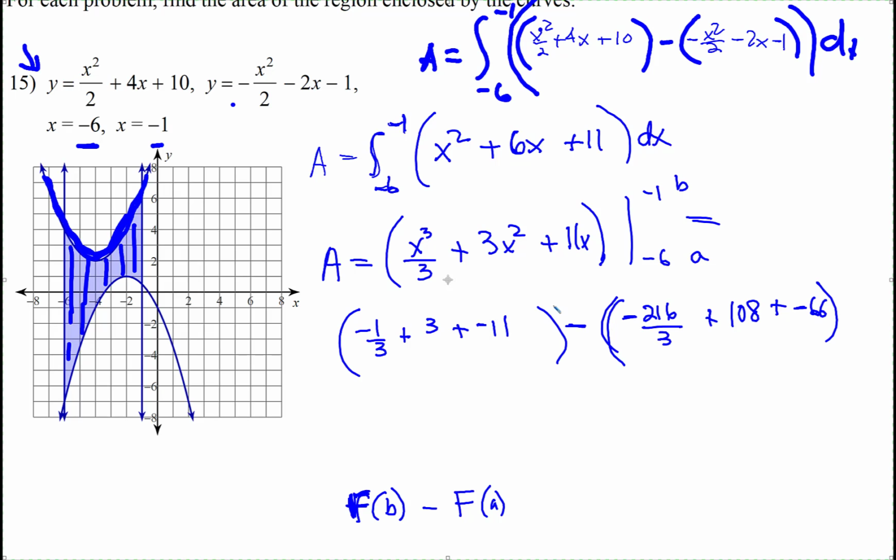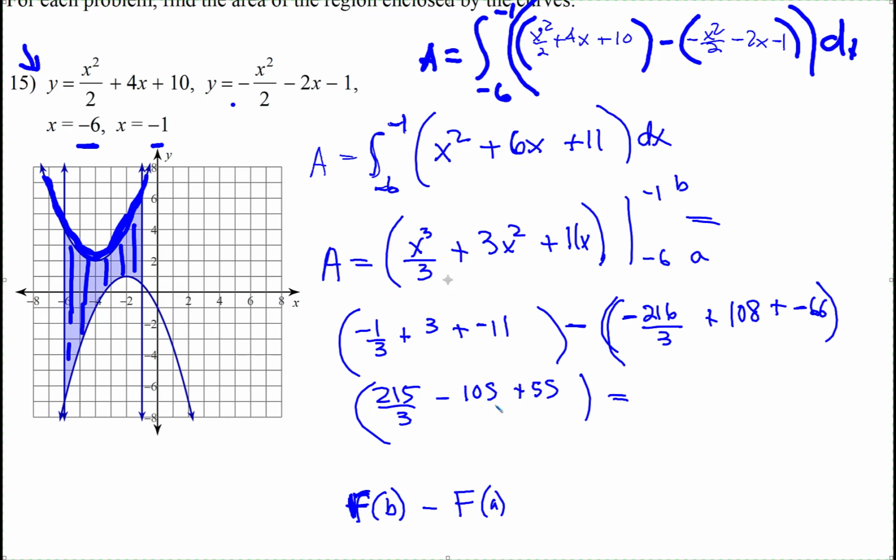So 216 subtract 1 is 215 thirds. Now this doesn't go in evenly, so I'm glad I didn't change that right there. 3 subtract 108 is negative 105. And then negative 11, subtract the negatives, adding to positive. So that's positive 55.